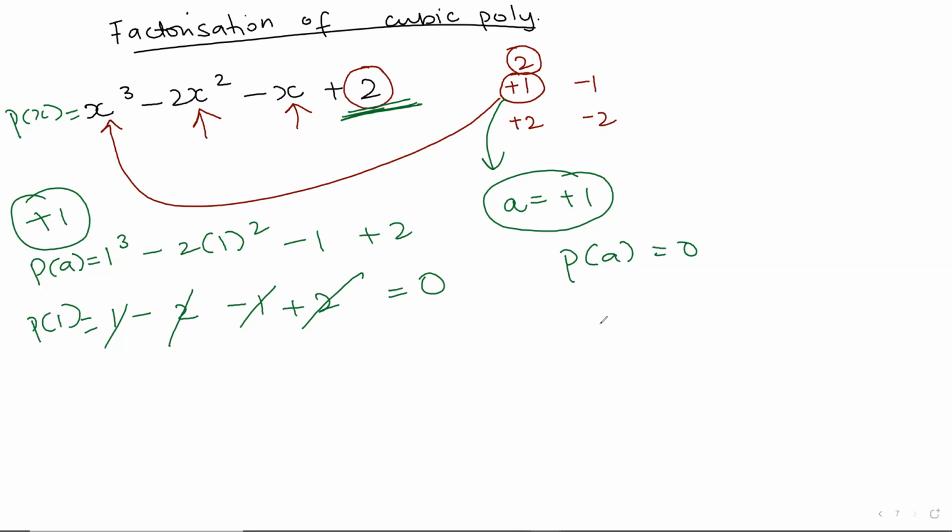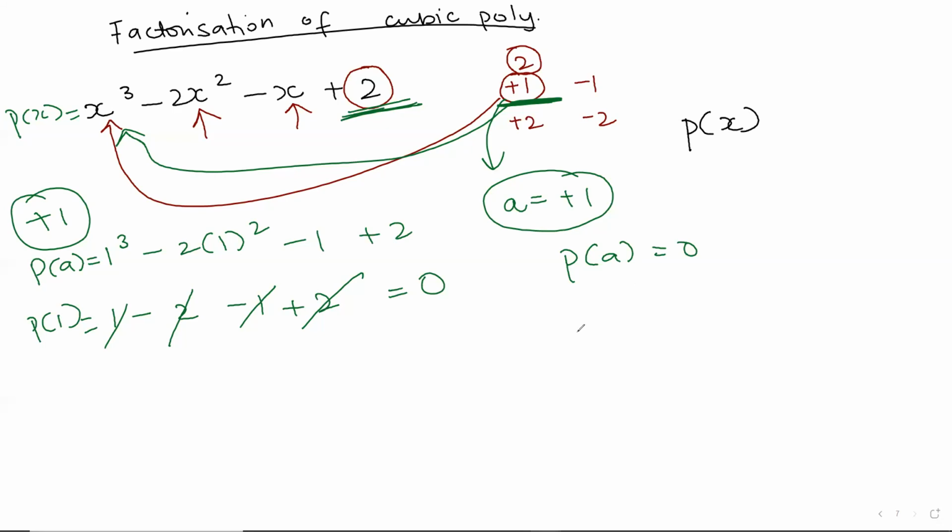Ma'am, we will put the value of a in the equation. Yeah, so we did that, right? We put the value of a in the equation. A was +1. We put that over here in p of x and we got p of a. Yes, Hamna, you'd like to say something? Ma'am, P of x is the factor of x minus a.